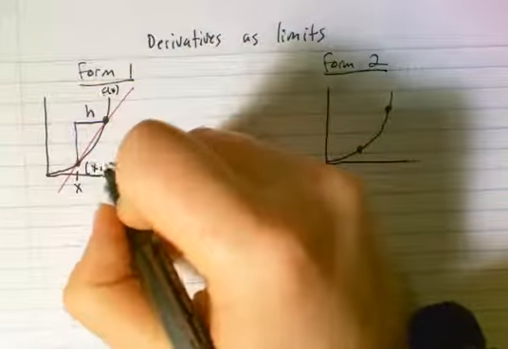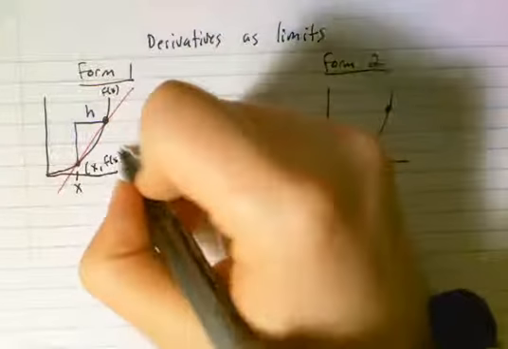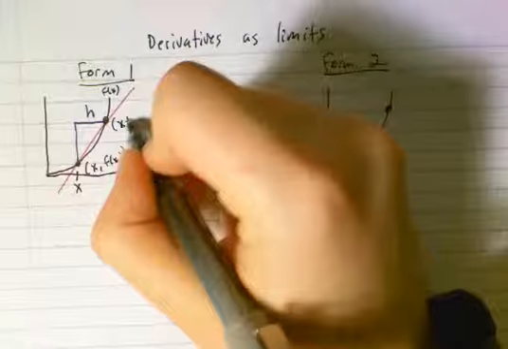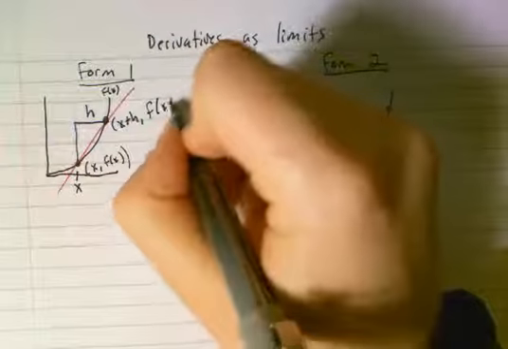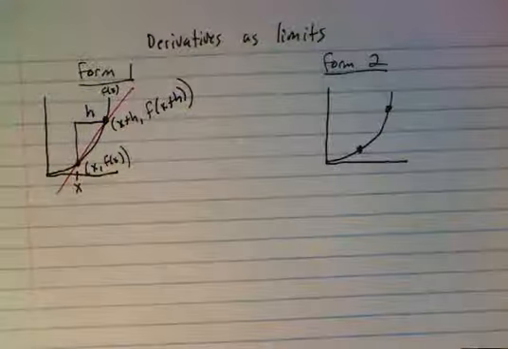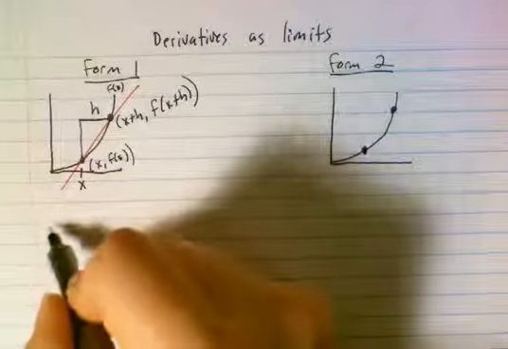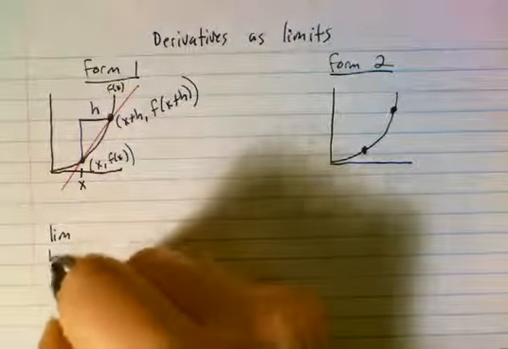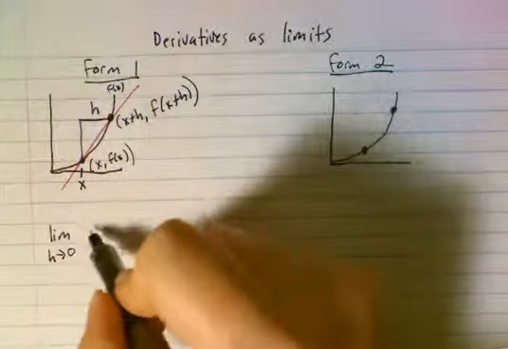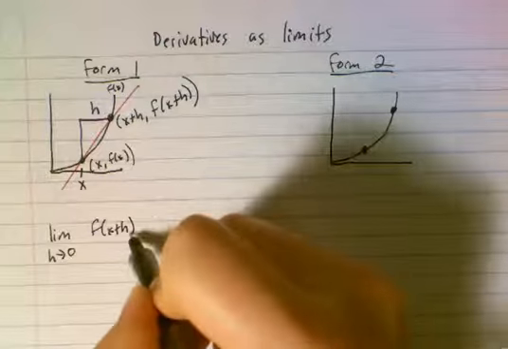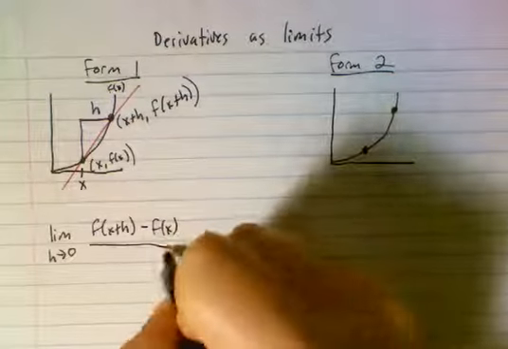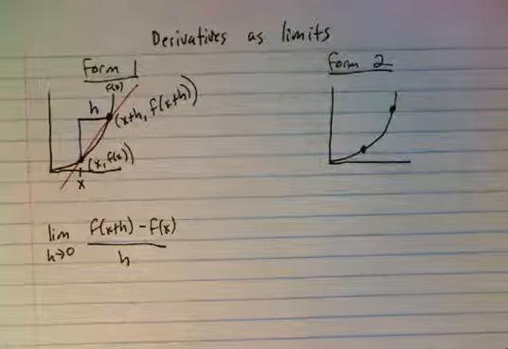Here we have x comma f of x. And this point is x plus h comma f of x plus h. Okay, so that gave us our form, a limit as h approaches 0, f of x plus h minus f of x all over h.